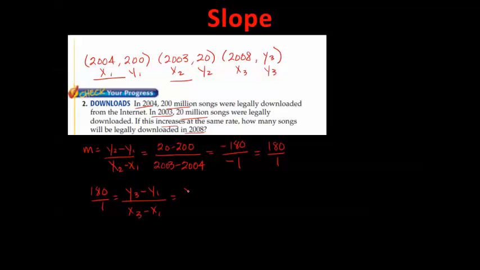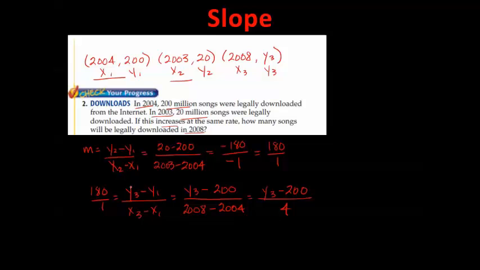So my Y3 I don't know. My Y1 is still 200. And then I've got for my X3, I have 2008 minus 2004. So that gives me Y3 minus 200 over 4.